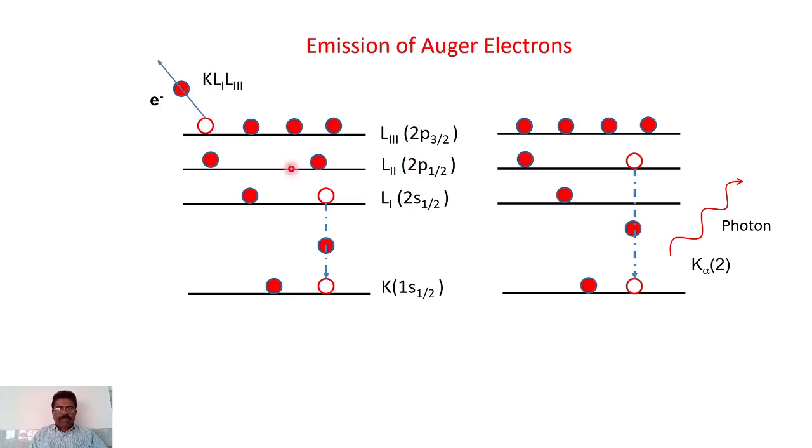It is very simple. Initially, the energy released in this transition, that means the energy difference between these two levels, L1 and K, is utilized to make this electron free. So the kinetic energy of this electron will depend on the binding energy.